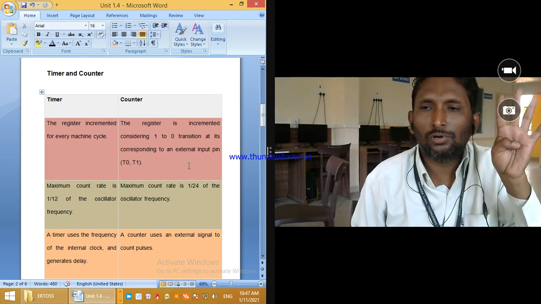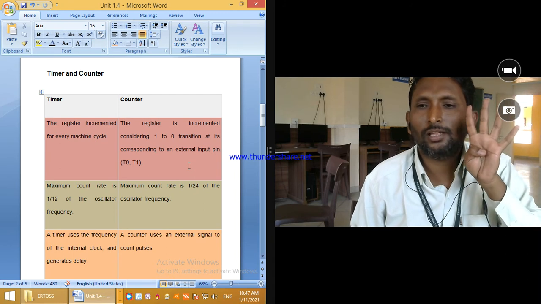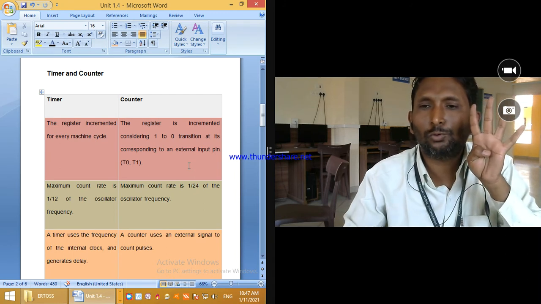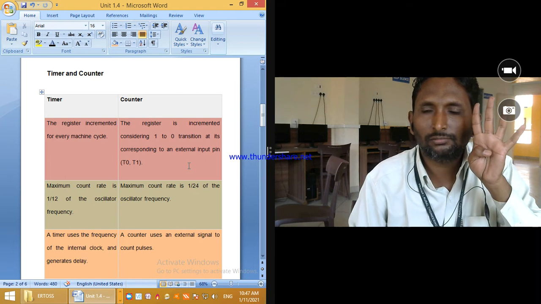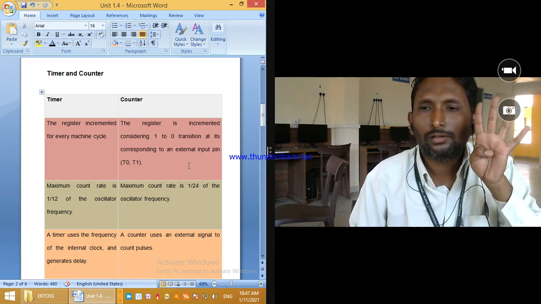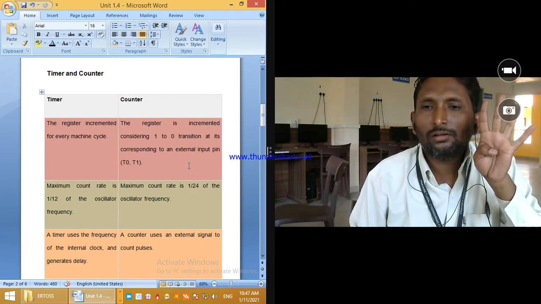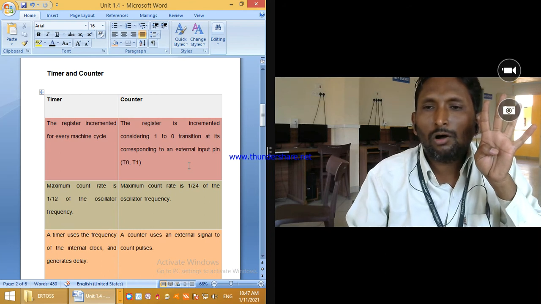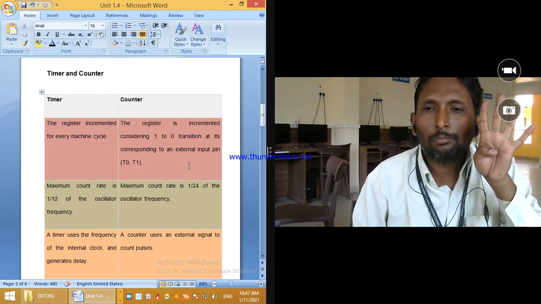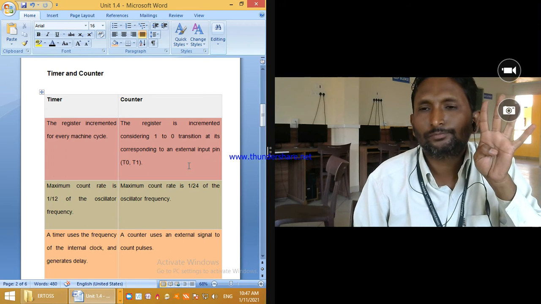Number 4, the counter. A counter is nothing but a change from one state to another state. An application counts the people coming from outside into the building at the gate.